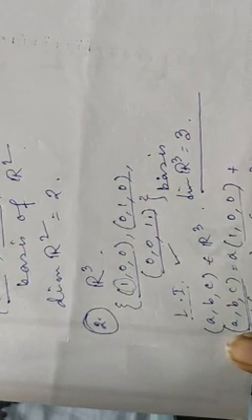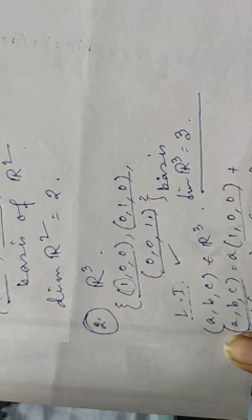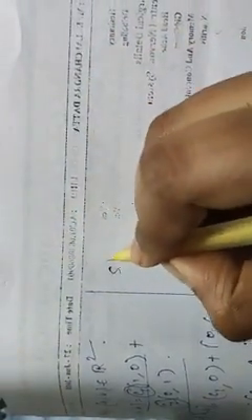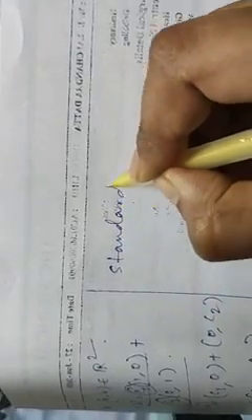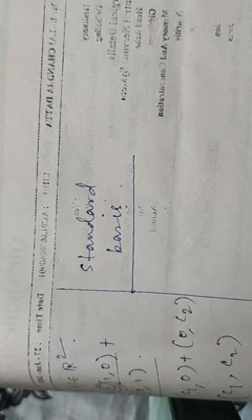This type of basis for R cube, R square, R to the power 4 and so on, for this type of sets in R to the power n, is said to be the standard basis. It has a particular name, it is called the standard basis. So whenever a question comes like the standard basis of R cube, then we need to understand the basis is (1, 0, 0), (0, 1, 0), (0, 0, 1).